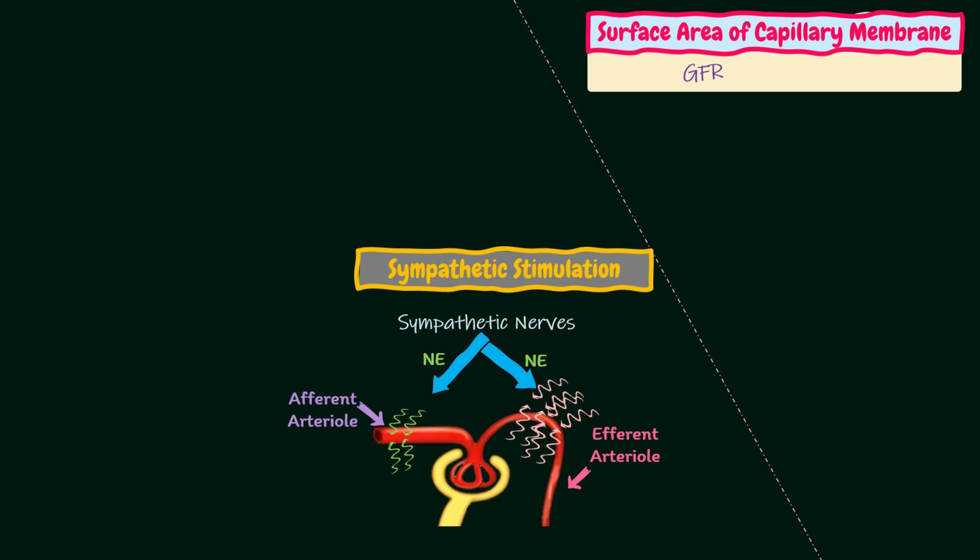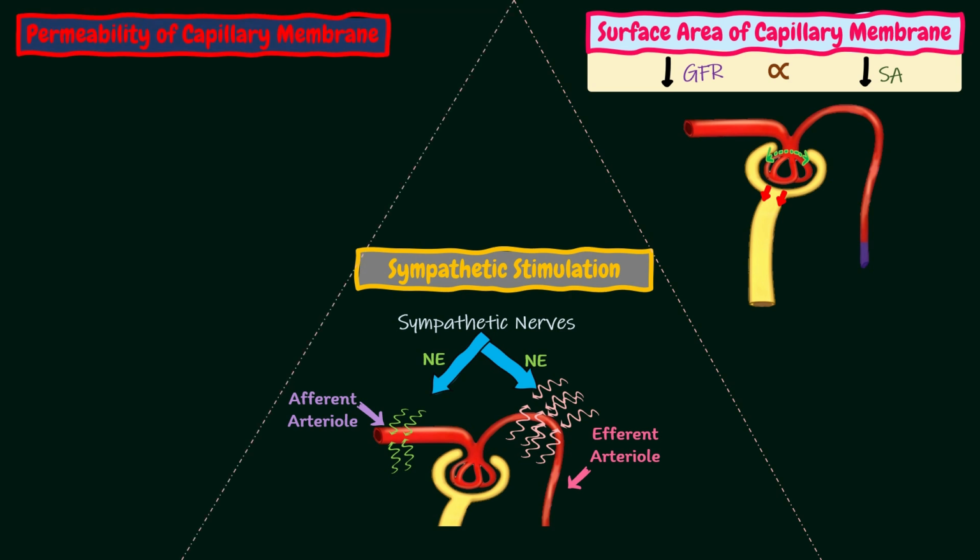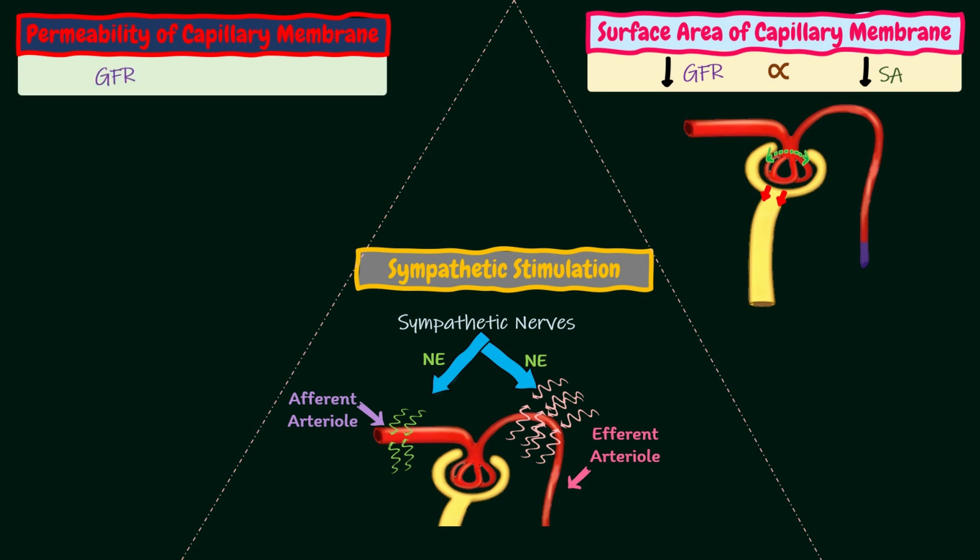Eighth factor is surface area of capillary membrane. Glomerular filtration rate is directly proportional to the surface area of the capillary membrane. If the glomerular capillary membrane is affected, as in the cases of some renal diseases, the surface area for filtration decreases. So there is reduction in glomerular filtration rate. Ninth factor is permeability of capillary membrane.